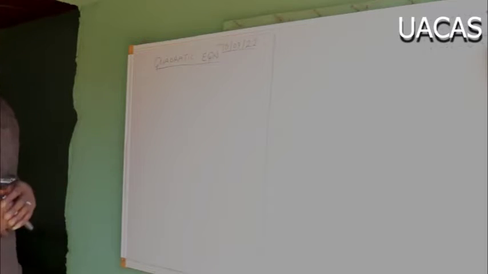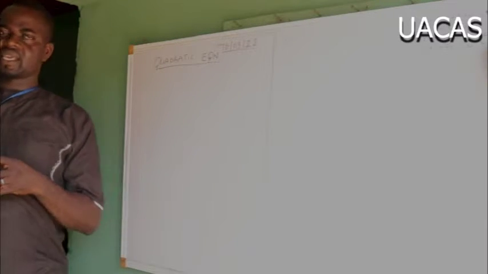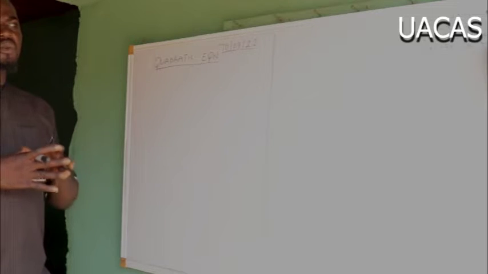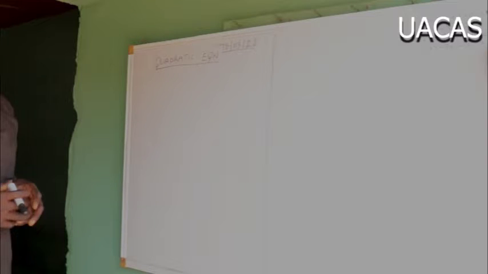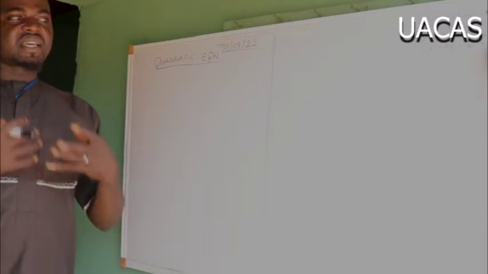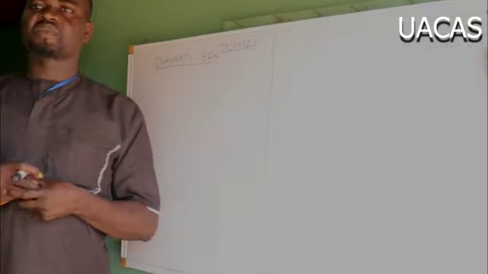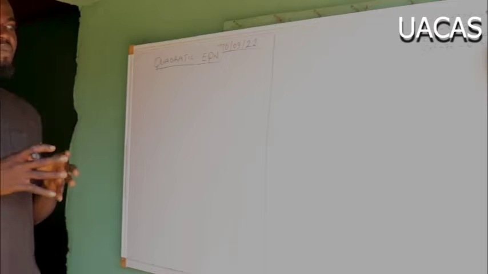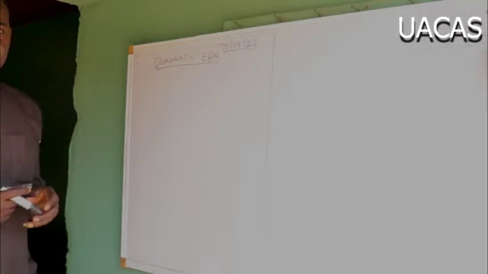Now, before we go into quadratic equation, let's say what is quadratic expression. Quadratic expression is an expression that is factorizable. Quadratic expression is not equated to 0, but quadratic equation is equated to 0.